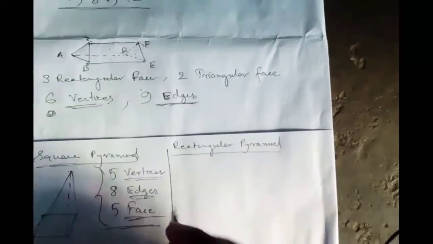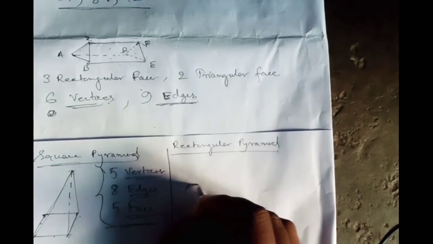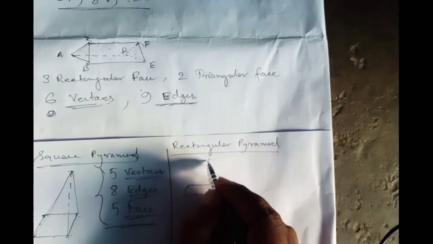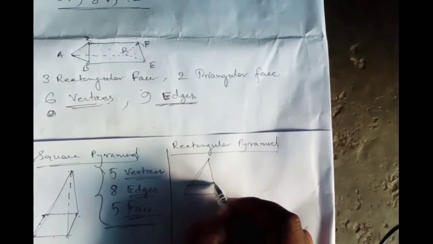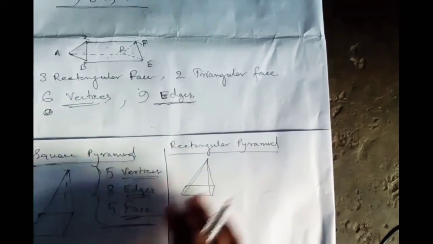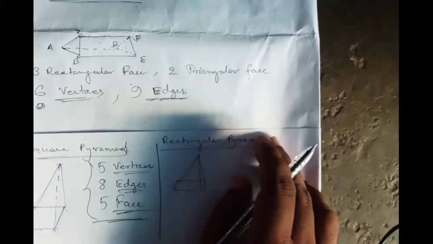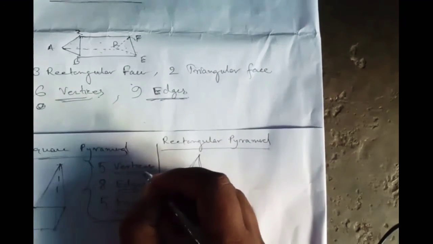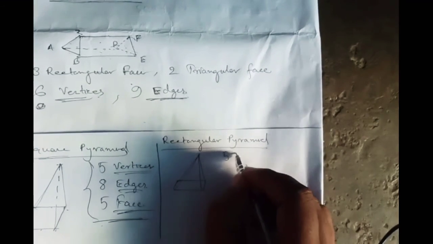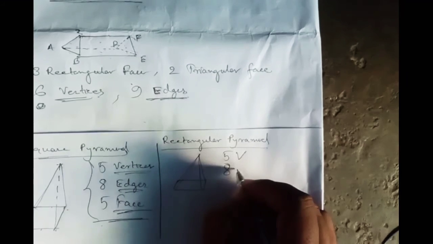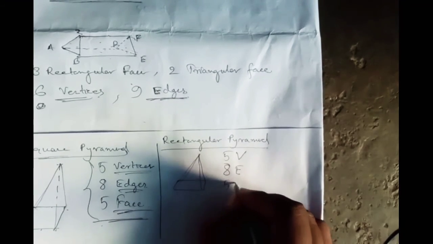Rectangular pyramid, a pyramid whose base is a rectangle. This type of figure in the book is given very clearly. This is a rectangular pyramid. So it has again the same 5 vertices. How many edges? 8 edges and 5 faces.